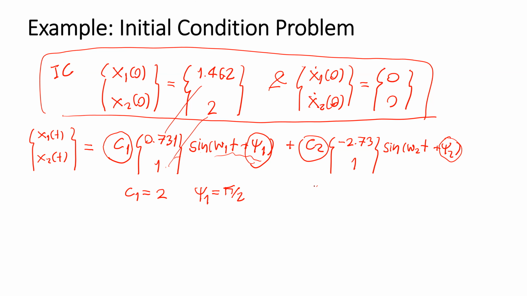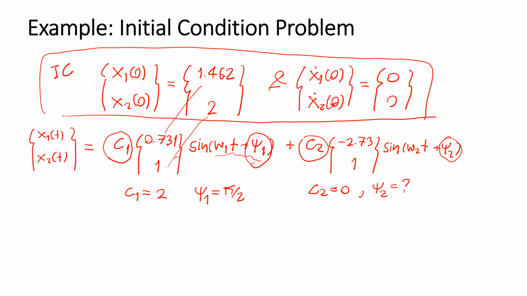How about C2? This initial condition has no effect from the second amplitude ratio. So it's clear that C2 is 0. So when C2 is 0, we don't care what the second phase shift is.